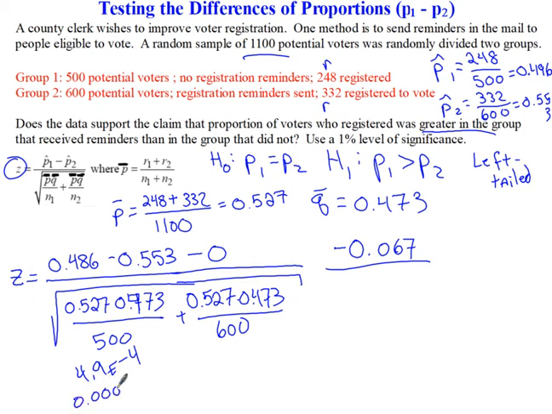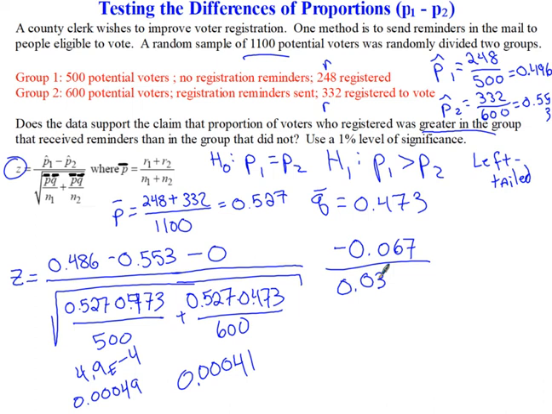It's 0.000 and so on; I just moved the decimal to the left 4 spots. Same thing here. I got scientific notation, but I moved the decimal over to the left 4 spots. So I'm going to add those 2 decimals together, then take the square root of that answer, and I get 0.03009, but that should be good enough.